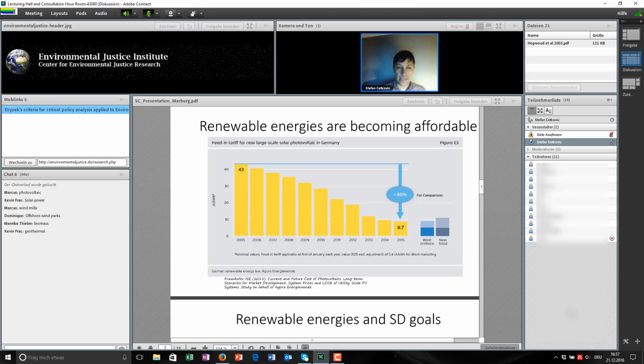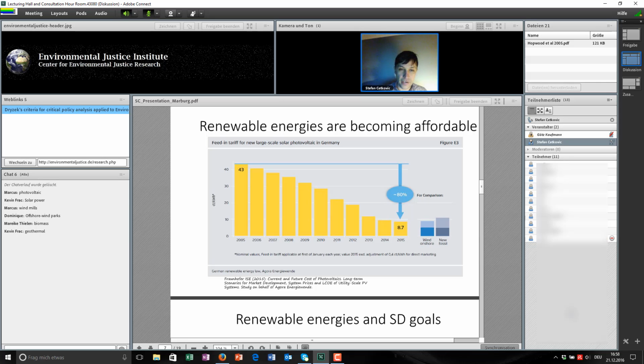This is the next slide, which I wanted to show you, where you can basically see the scale of technological improvement and cost reductions in some technologies. Here on this slide, you see basically the development of the feed-in tariff for solar photovoltaic in Germany, which basically shows the amount of money German consumers have to pay for every kilowatt hour produced by solar power plants.